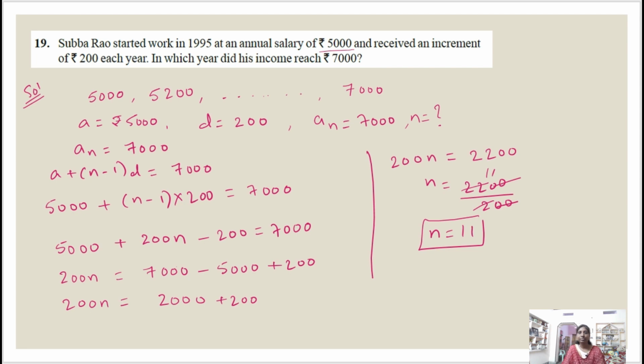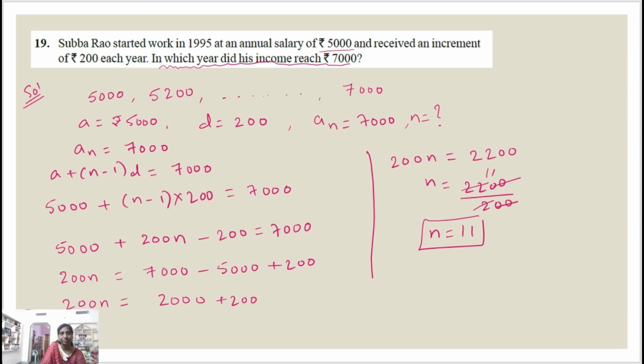It means the 11th term is 7,000. 7,000 is the 11th term. It means in the 11th year he will get 7,000 income. In the question, what are they asking? In which year did his income reach this? So what is the conclusion?